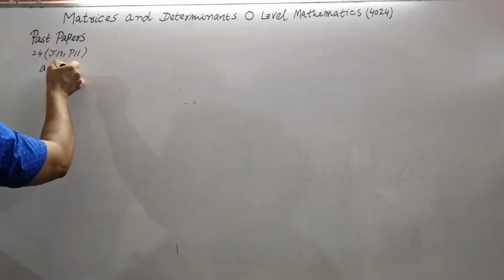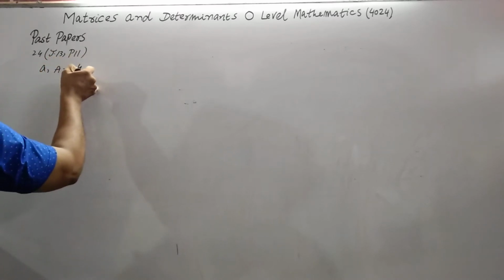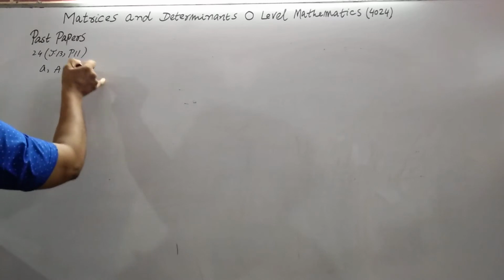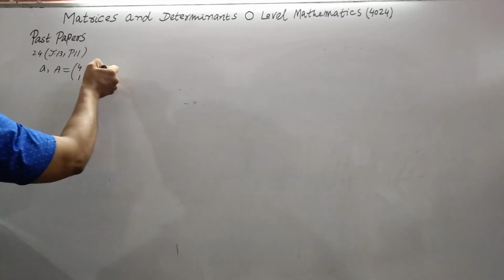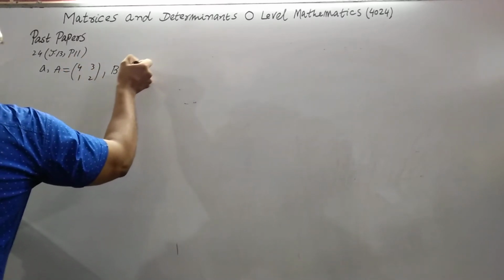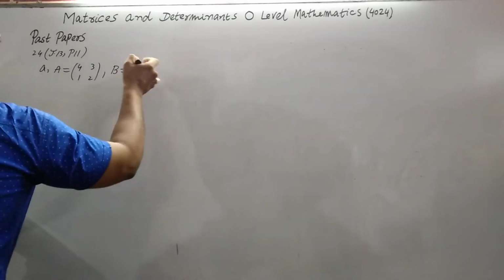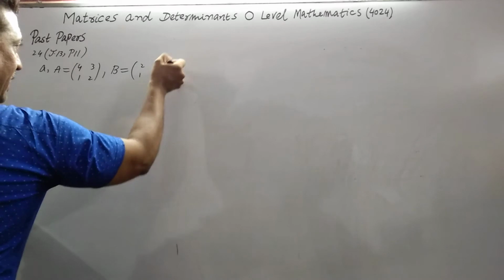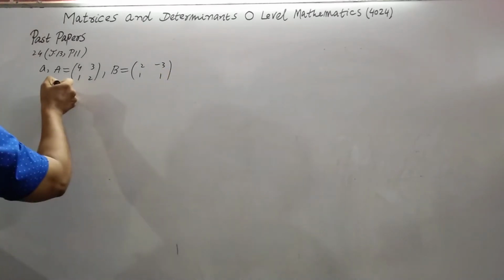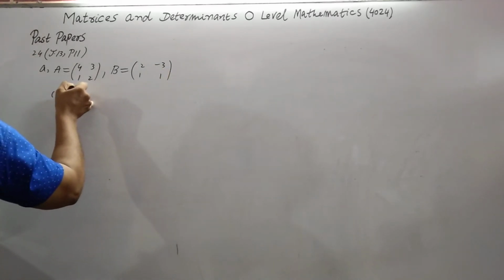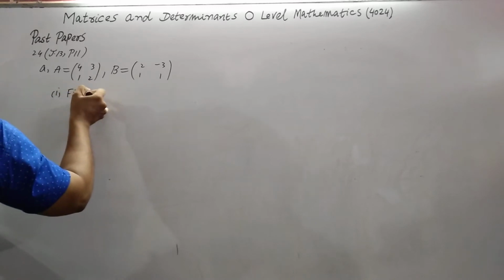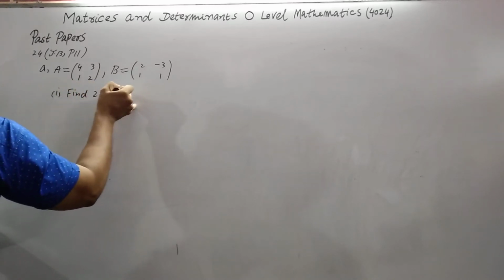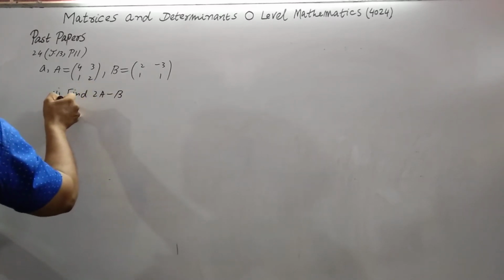A equals 4, 1, 3, 2. B equals 2, 1, -3, 1. Part 1. Find 2A minus B. Part 2.